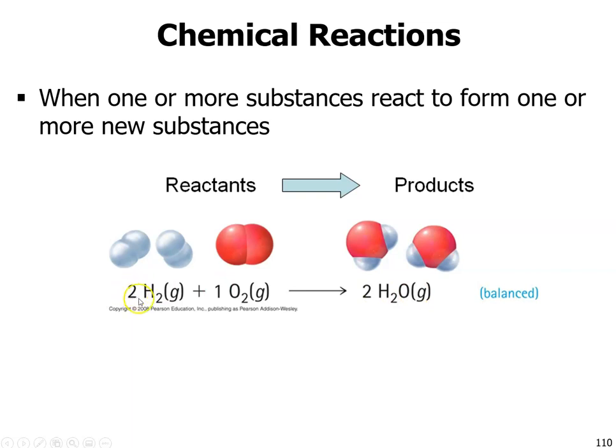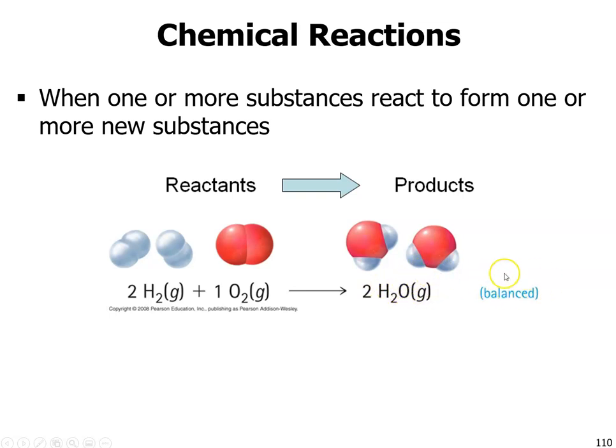This would read: 2 hydrogen molecules in the gas phase react with 1 molecule of oxygen in the gas phase to produce 2 H2O, or water, molecules in the gas phase.